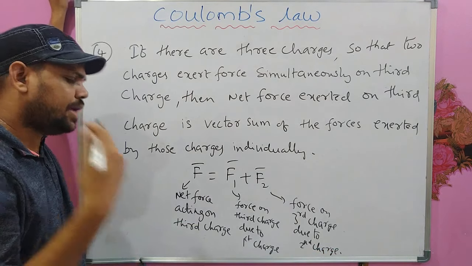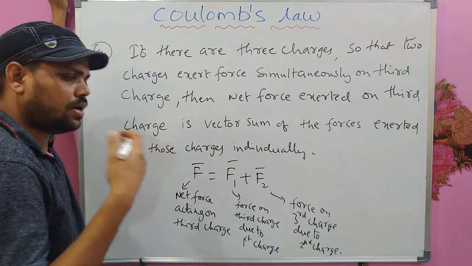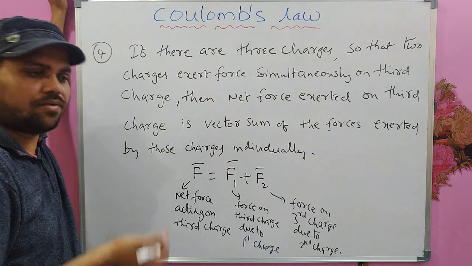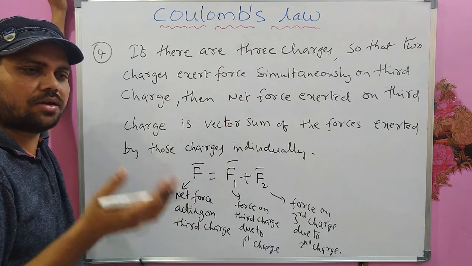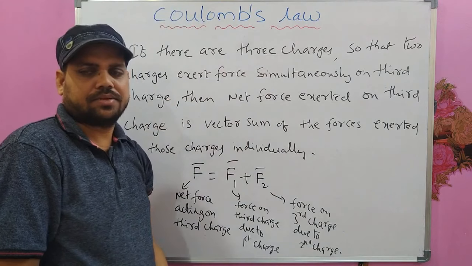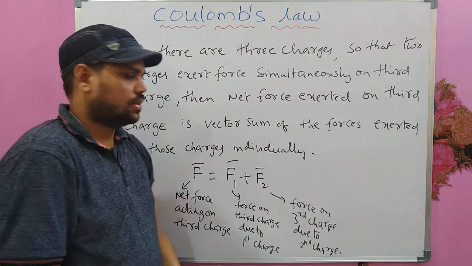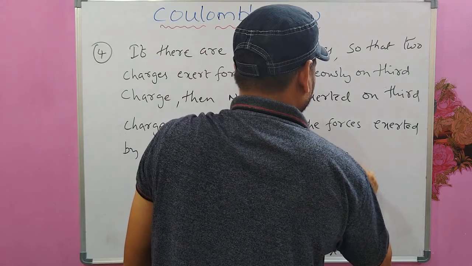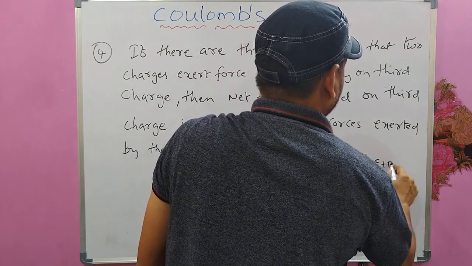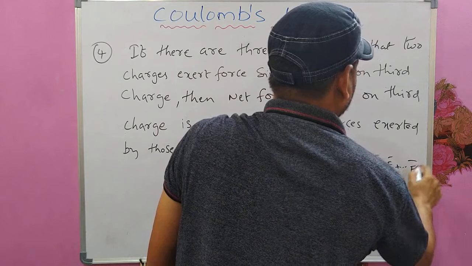If there are n number of charges, this law also holds for n number of charges. If a force is exerted on one charge due to other charges, n number of charges, then in that case F we can write as F1 plus F2 plus F3 and so on up to Fn.